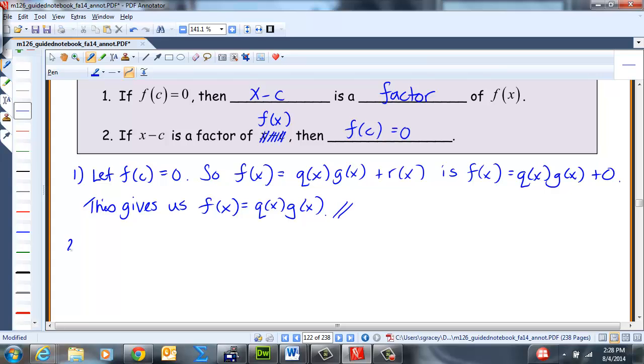So now going the other way, let x minus c be a factor of f at x.